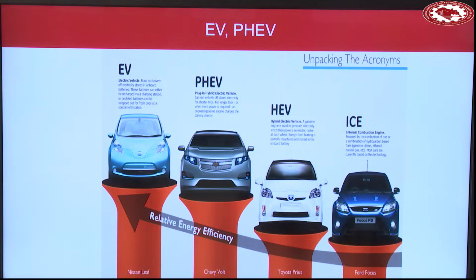Then you have the plug-in hybrid vehicle. What does it mean? The car can run entirely off stored electricity, but for a shorter distance. For longer distances, you need to use gas or whatever. And then you have the full EV, where you have really powerful batteries so you can travel a longer distance in one go.